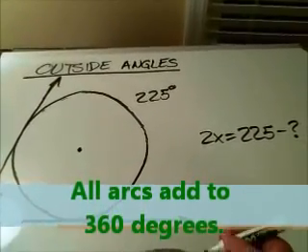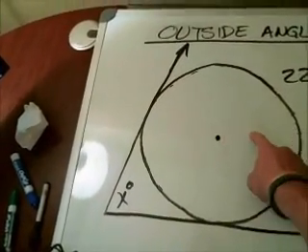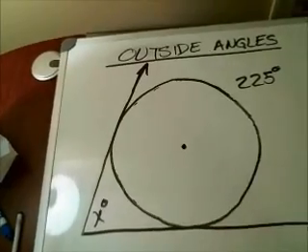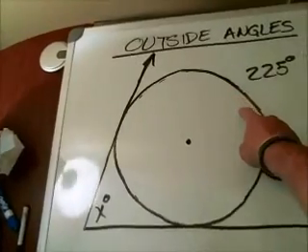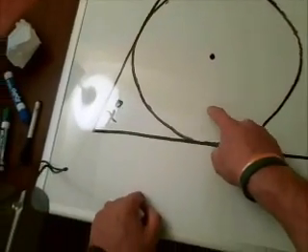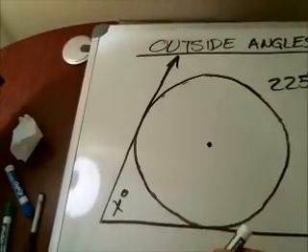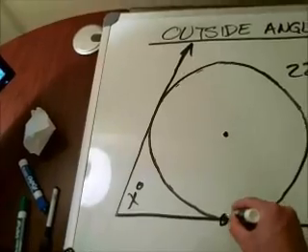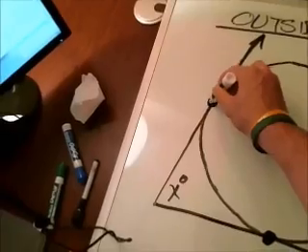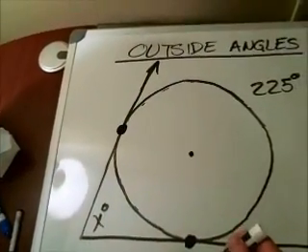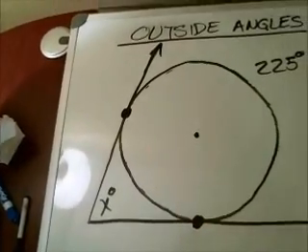Well, I need you to remember something. On a circle, if I were to add up all the central angles, I got 360 degrees. Also, if I were to add up all of the arcs the whole way around the circle, I should also get 360 degrees. So let's kind of break this for a minute. Here at the tangent point and here at the tangent point. Now I tell you that this outside arc is 225 degrees.